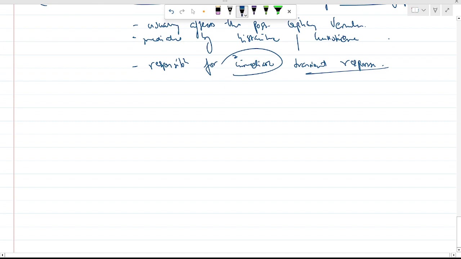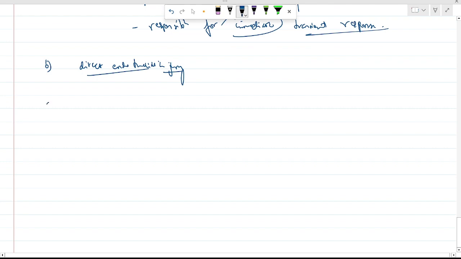The second mechanism is direct endothelial injury. Another mechanism could be leukocyte mediated endothelial injury.